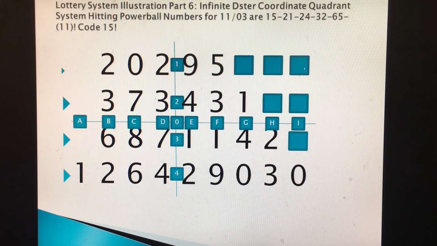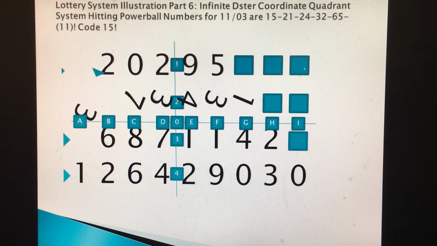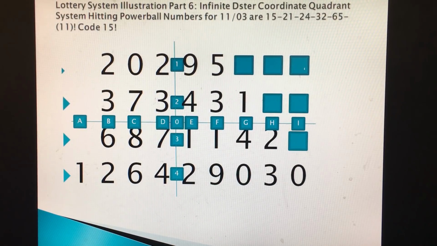Now let's look at the secret to the infinite Dster. Besides, we converted the numbers into letters.